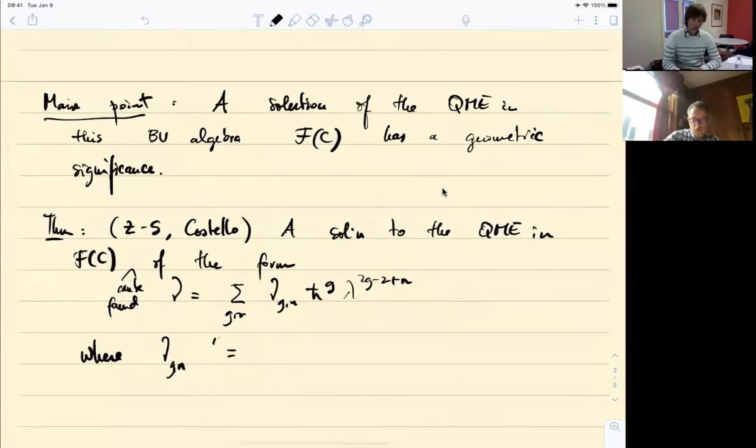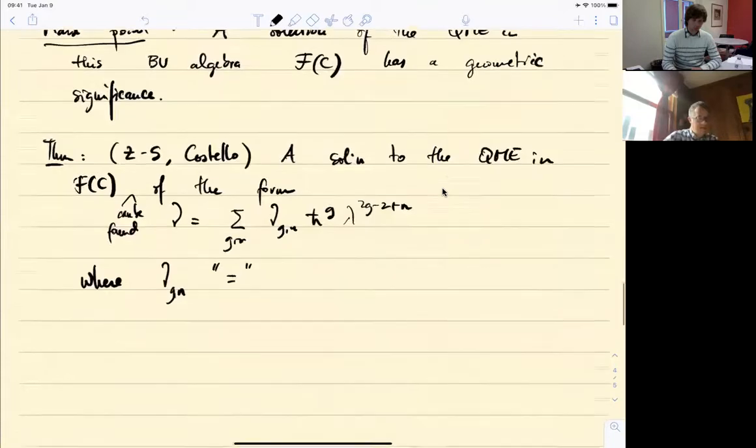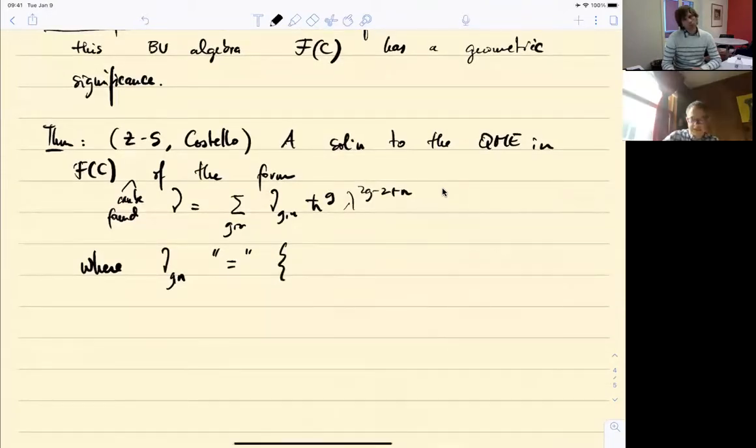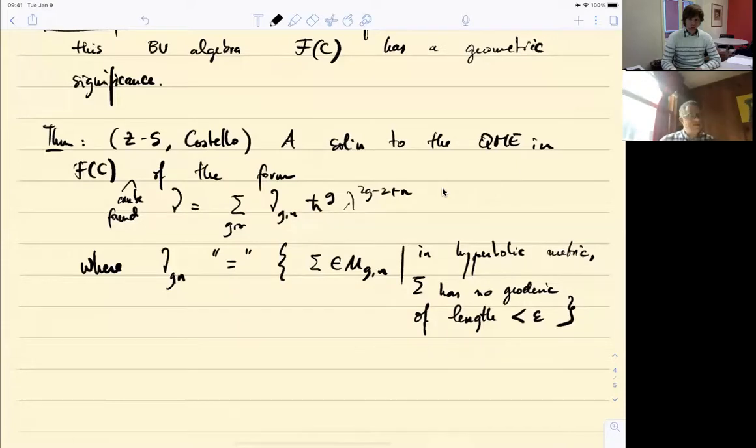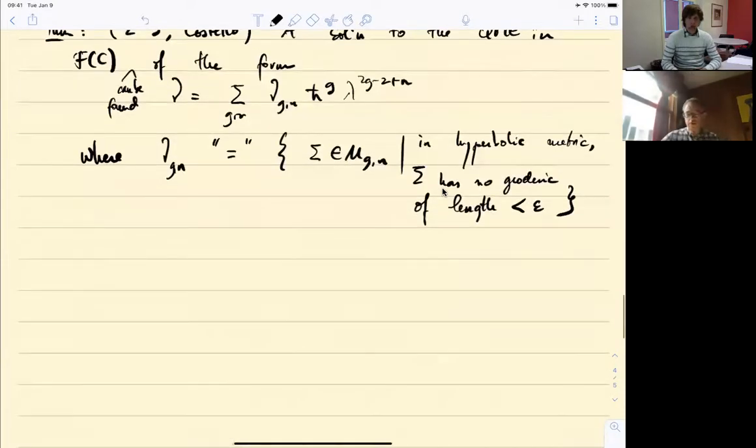And I'm going to write it in quotes because I cannot really make sense of it very precisely like this. But all Riemann surfaces sigma in MGN, in the hyperbolic metric, sigma has no geodesic of length less than some epsilon. So the trouble is making sense of this epsilon, but let's not worry about what this epsilon means. A very small number.